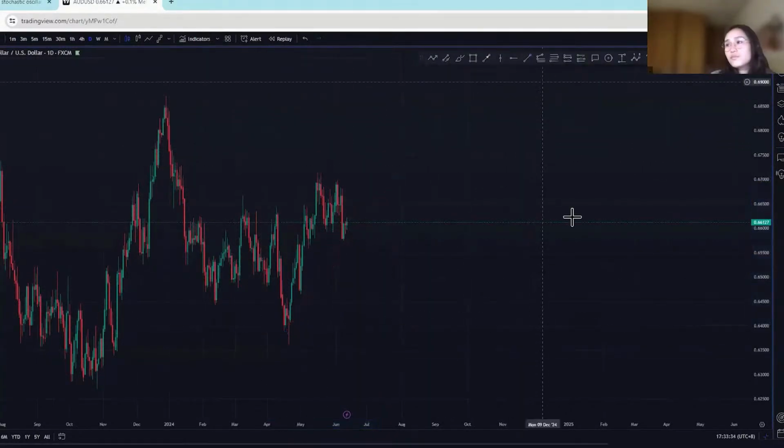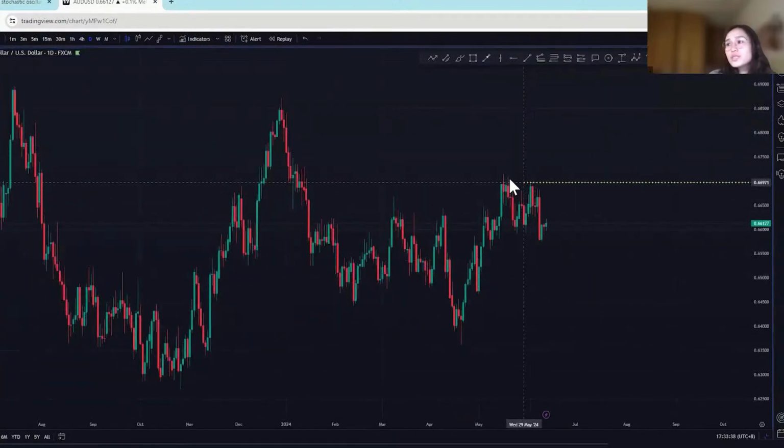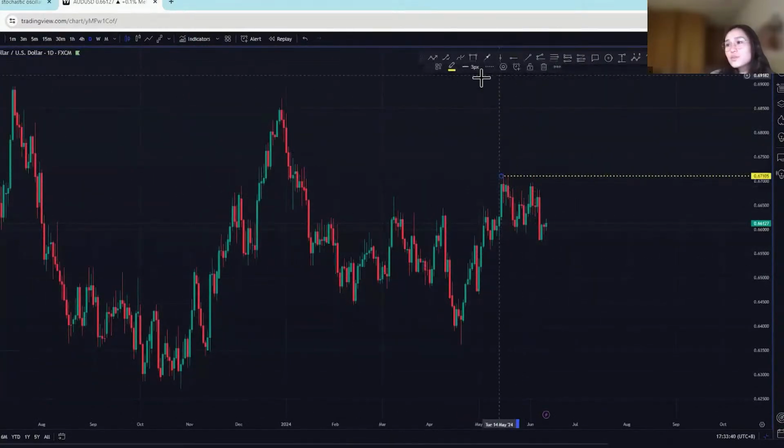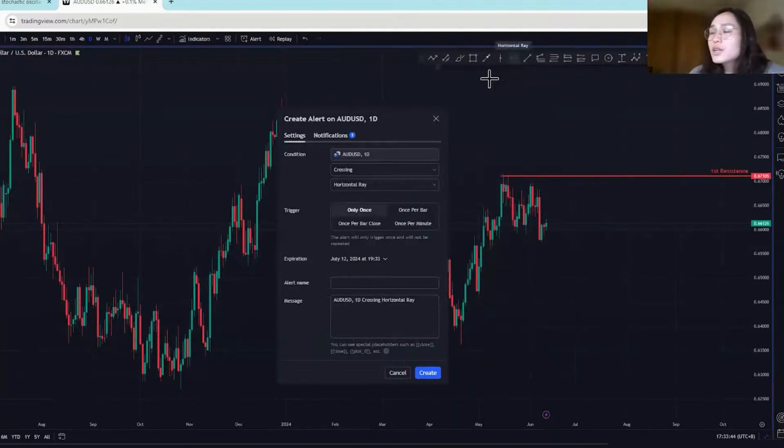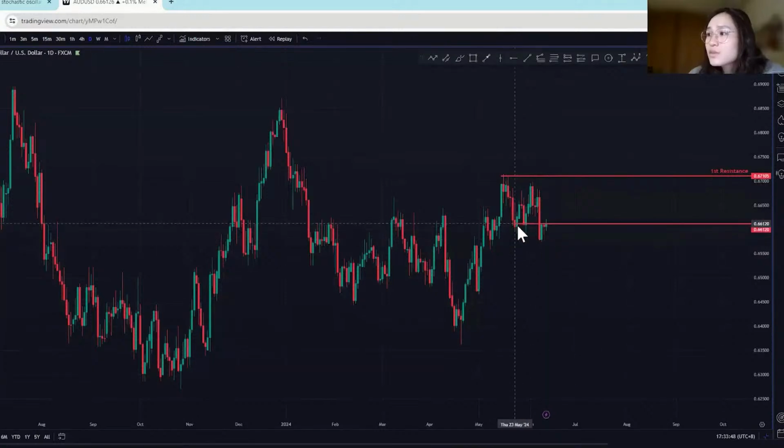Going in with our support and resistance levels first, I'm going to place my first resistance up here and my pivot over here.